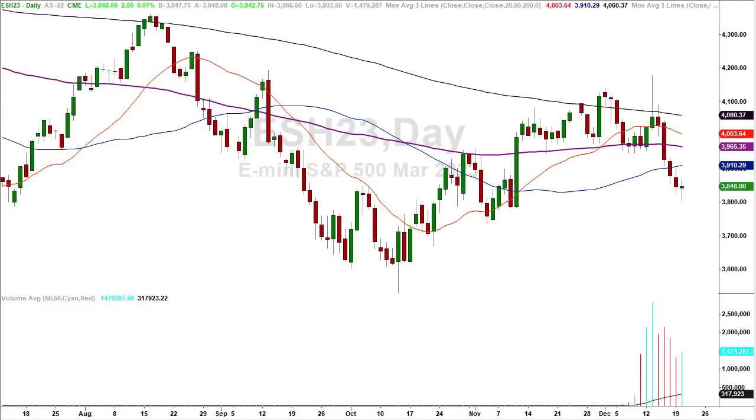Well, here it is. It's the ES futures chart, the March expiration contract. What I want to draw your attention to is the break-up candle low area that, not that it was fully tested, but it was in the neighborhood of being tested.